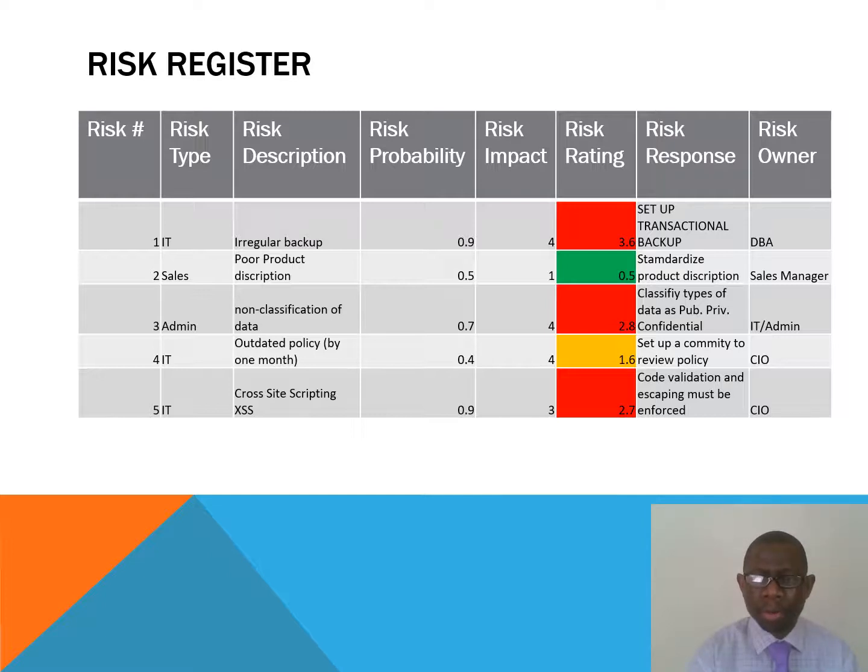By the time we multiply that, we have 2.7, and our risk rating is done in such a way that 0 to 1.5 is considered acceptable, 1.6 to 2.5 is considered mild in terms of impact, whereas 2.6 upward is considered critical, which is very dangerous to the business operation.